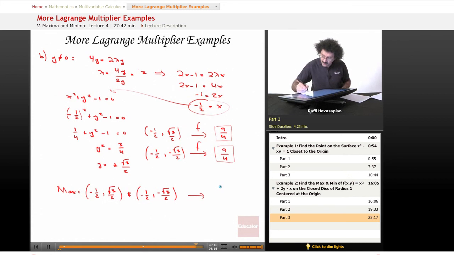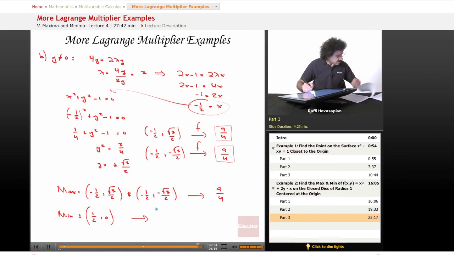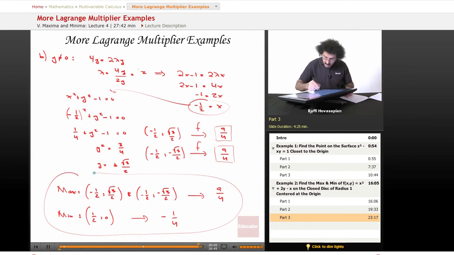The value is 9/4. The minimum takes place at the original point that we found, which was (1/2, 0), and that value, if we can recall, was minus 1/4. There we go. So this is our solution.